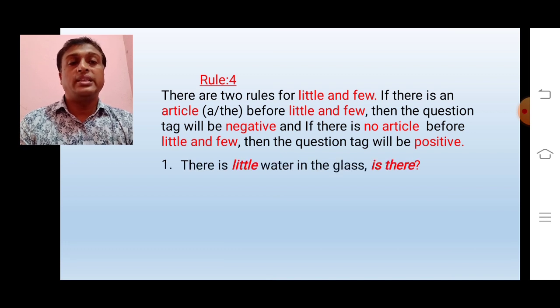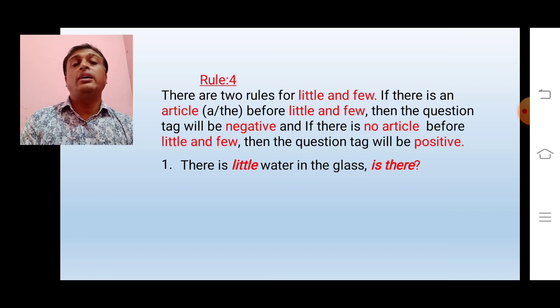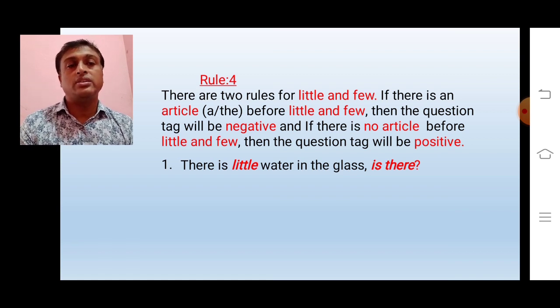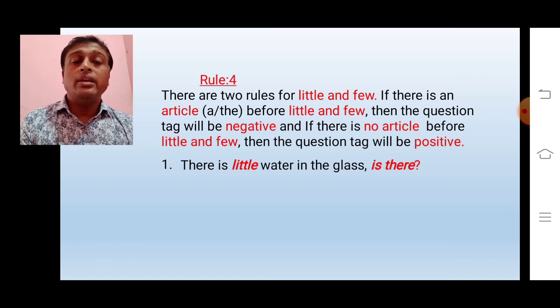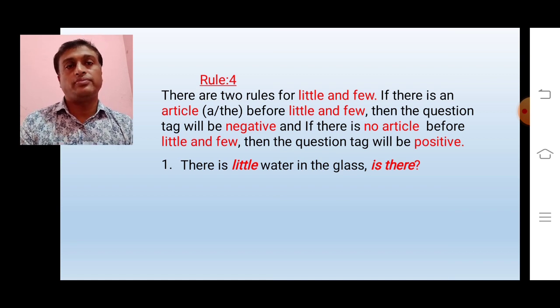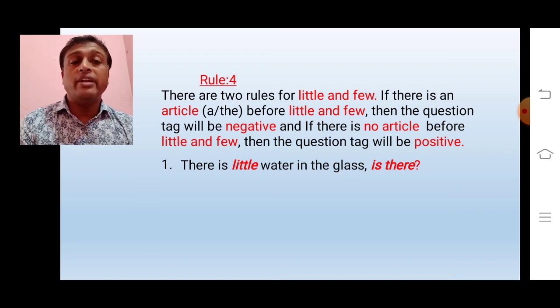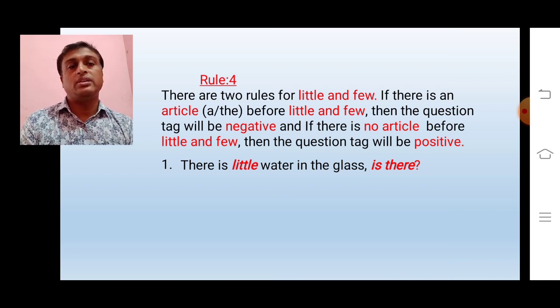Look at this example. There is little water in the glass. Here, little. At first, you decide whether little is a negative word or a positive word. We know if there is an article before little and few, then it will be a positive word.